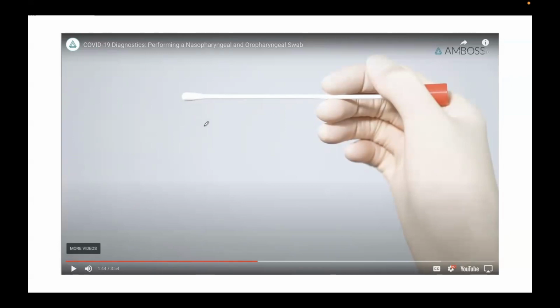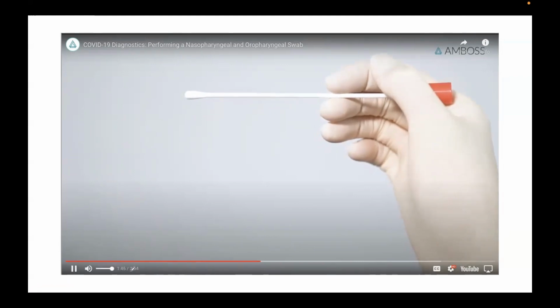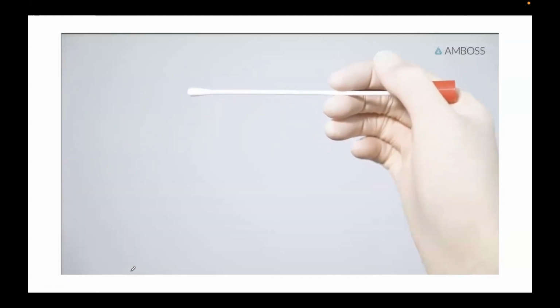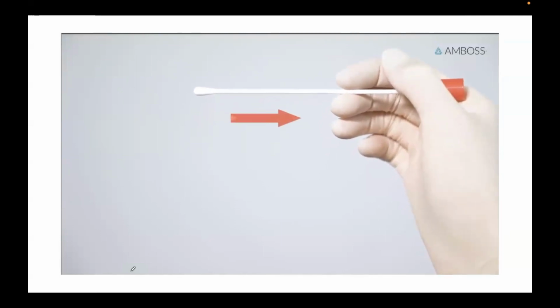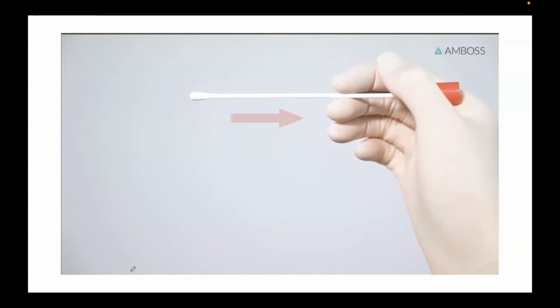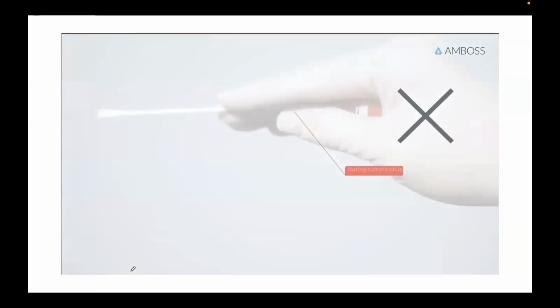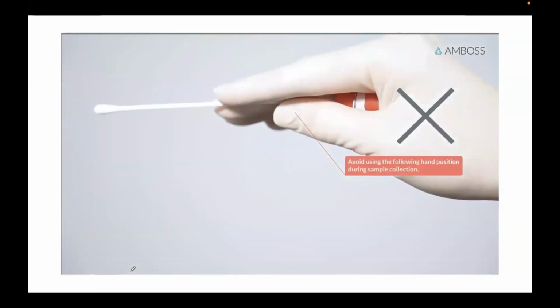Okay? Dapat para mo siyang hinahawakan like a pen para po maramdaman natin yung resistance once na nandoon na sa nasopharynx ng ating patient. Middle fingers. Maintain a loose grip that allows the swab to accommodate any resistance encountered during sample collection to reduce the risk of injury. Avoid using the following hand position, bawal po during yung mga sample collection.